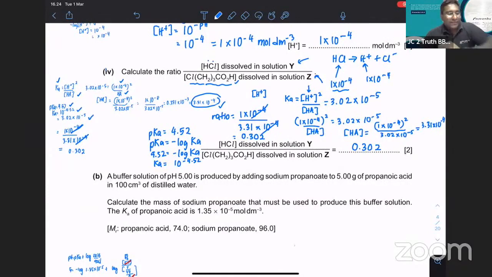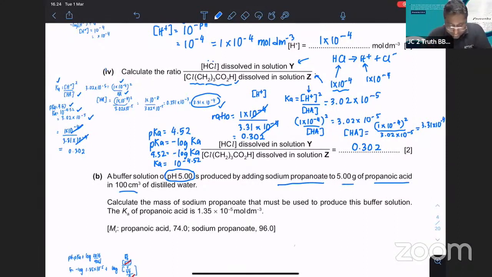So the next question: a buffer solution of pH 5. This is an acidic buffer solution. You are going to produce it by adding sodium propanoate, which is going to be the salt, to a weak acid, which is 5 grams of propanoic acid in 100 cm cube of distilled water.